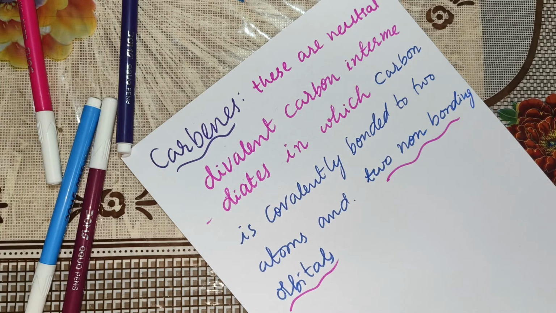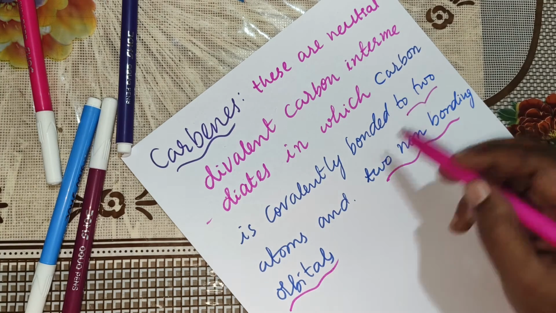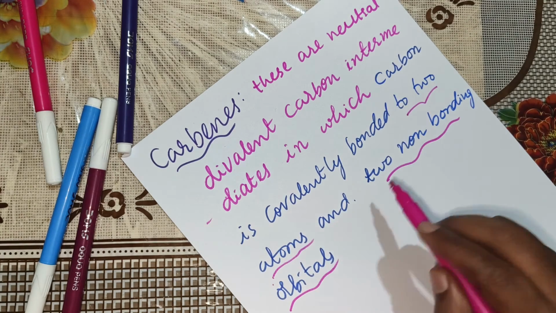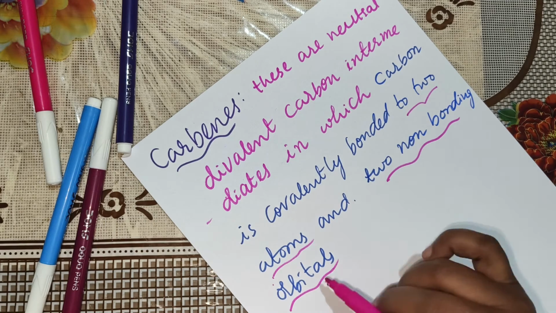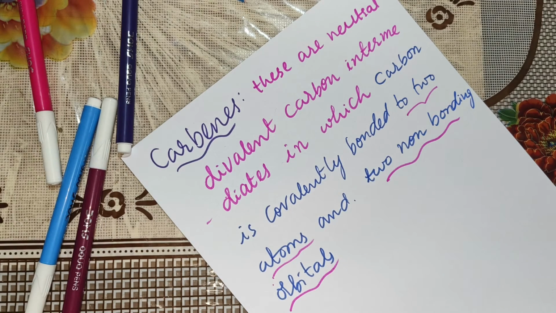Carbon should have 4 valency, but only 2 atoms are attached, 2 valency completed, and the remaining 2 non-bonding orbitals will be there, containing 2 electrons between them.